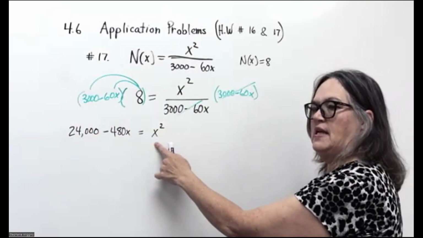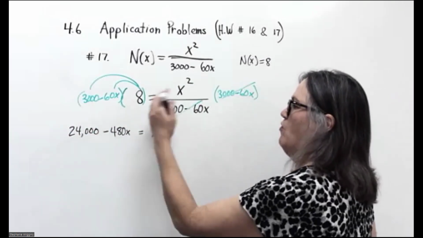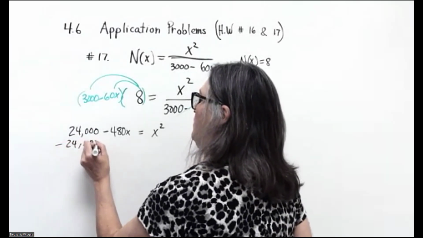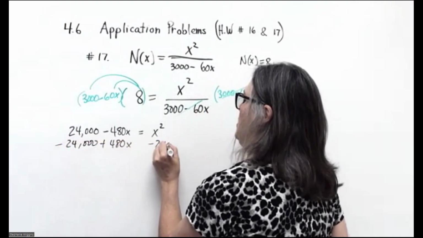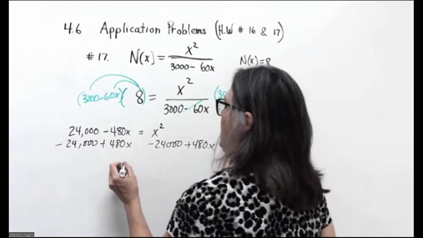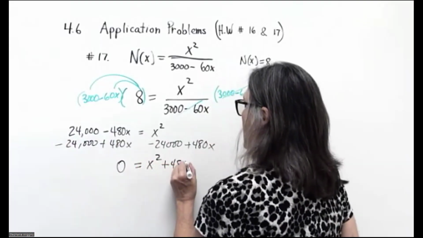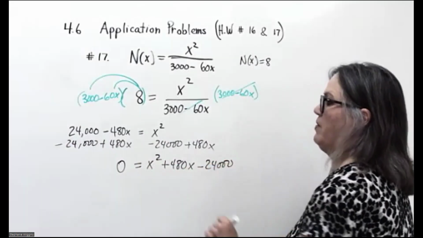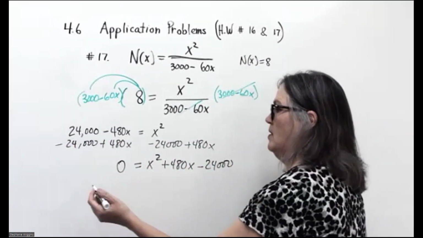I like the leading coefficient on x squared to stay positive, so I'm going to subtract 24,000 and add 480x to both sides. I get 0 on this side and x squared plus 480x minus 24,000 equals 0.